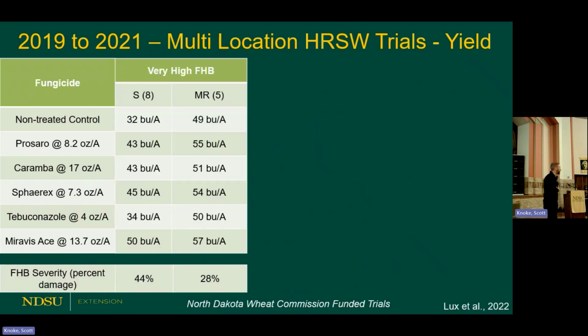What are the highlights in this trial? We had varied environments, a couple of locations, five environments. What we found is that in a very high disease environment, with a lot of scab, disease severity on the head is close to 50% on the susceptible and 50% on the resistant. Look at some yield differences within the variety. On that susceptible variety, it's already too much.